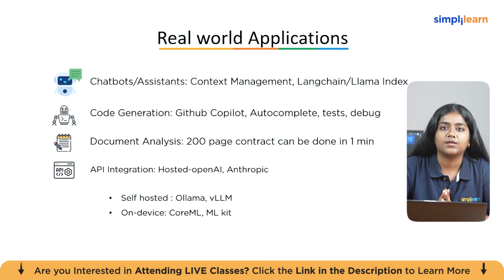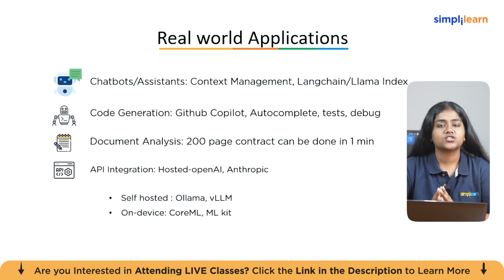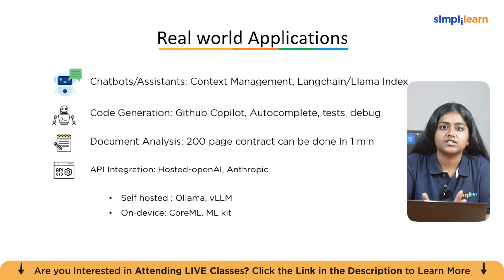Tools like Ollama and vLLM enable better control, privacy, and customization. It's useful for organizations with sensitive data. And on-device AI runs directly on mobile or local devices without needing the internet. Frameworks like Core ML enable faster processing and better privacy. It's commonly used in applications for features like face detection and voice recognition.